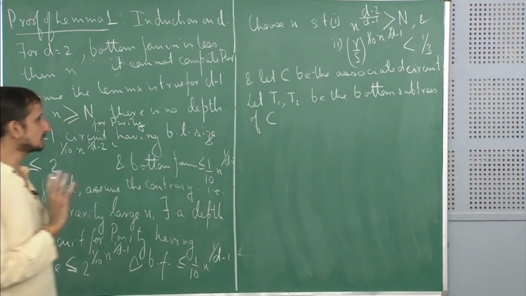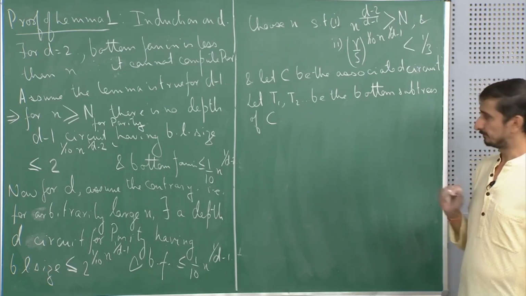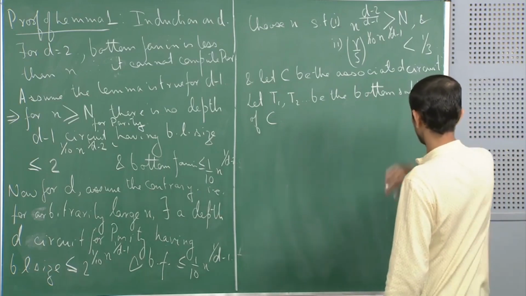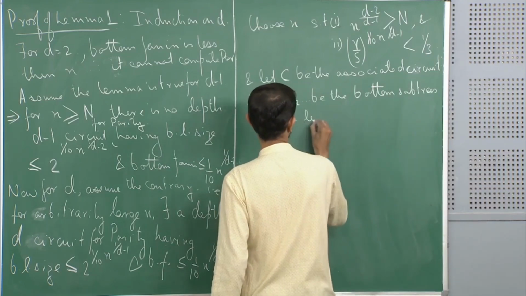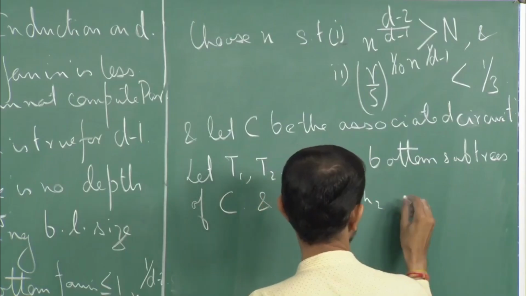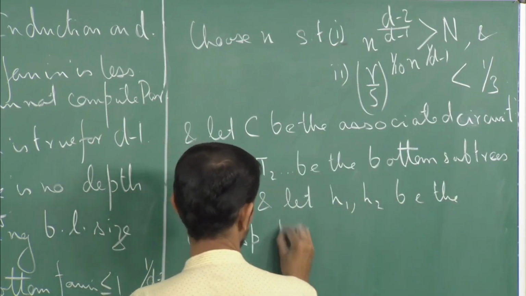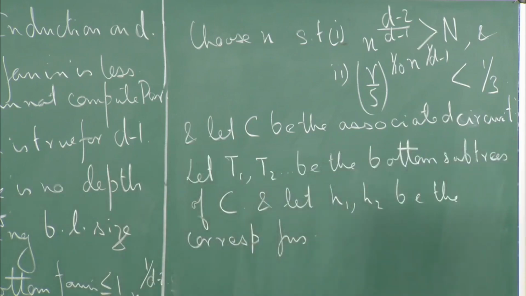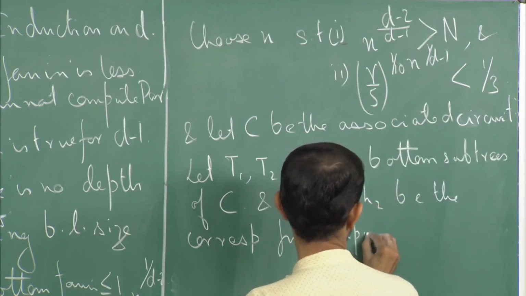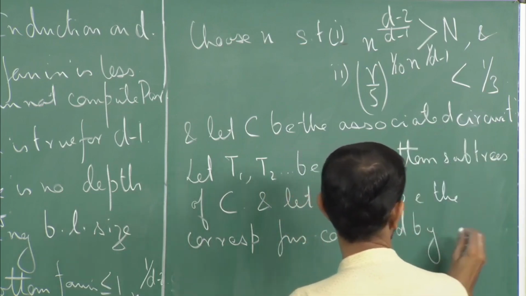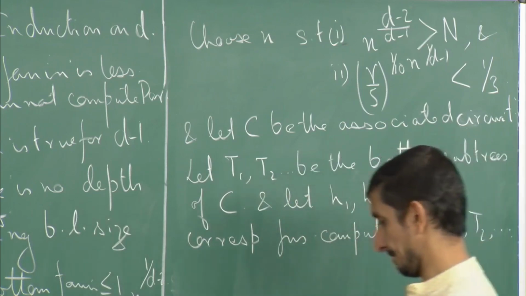Without loss of generality, assume that these subtrees are in CNF form, and let H1, H2, ... be the corresponding functions computed by these subtrees.